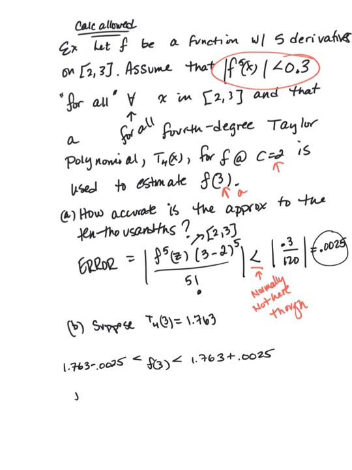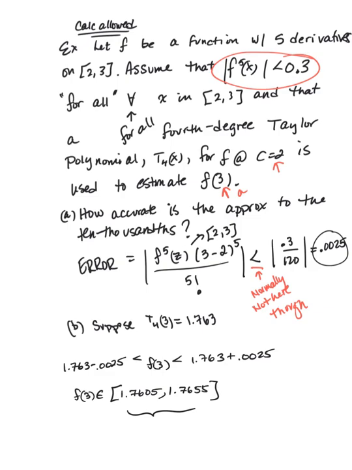So that means that f of 3, the actual value of the function at 3, is an element of the set 1.7605, 1.7655. So guys, even though we can't get the actual value, we know it's in there.